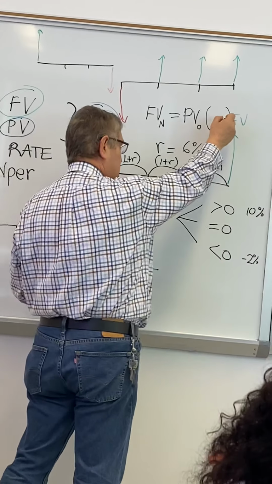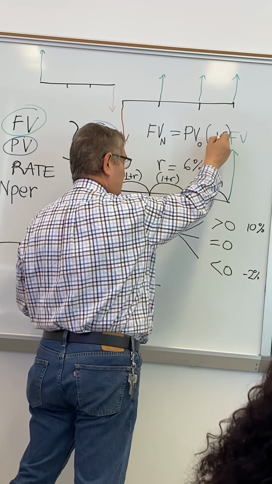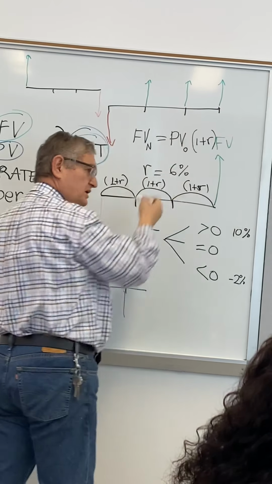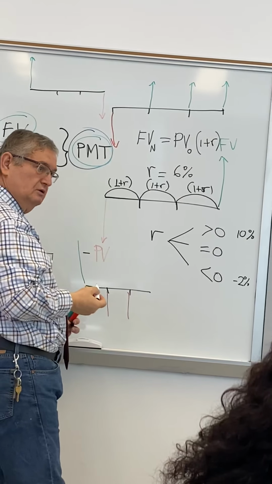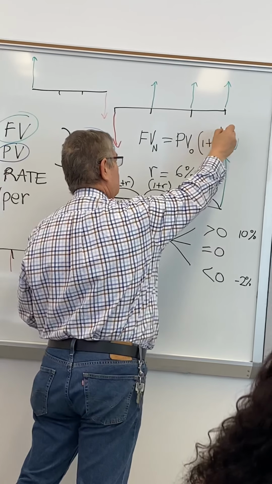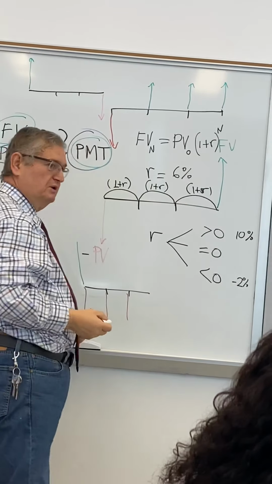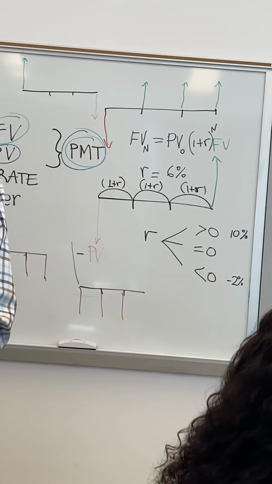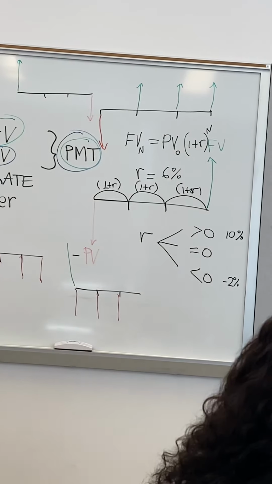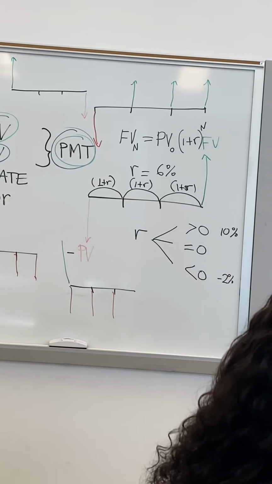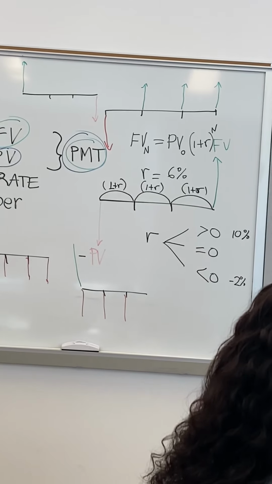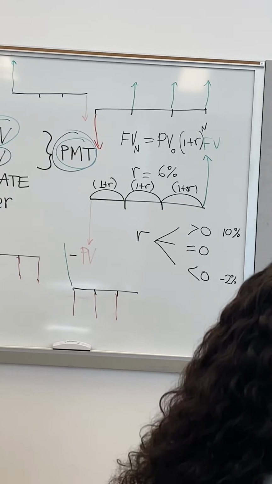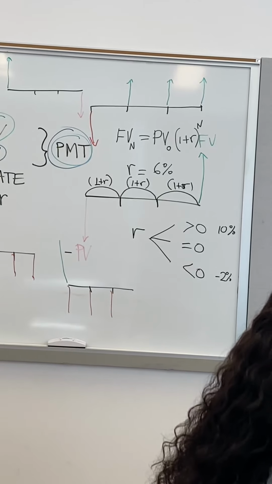And the money grows because a return rate is added to what I have. Whatever is in the parentheses is the growth factor. And the growth factor is applied for as many years as I have. That means that the future value and the present value are equal, dependent upon the return rate. If the return rate is positive, the future value is more than the present value.